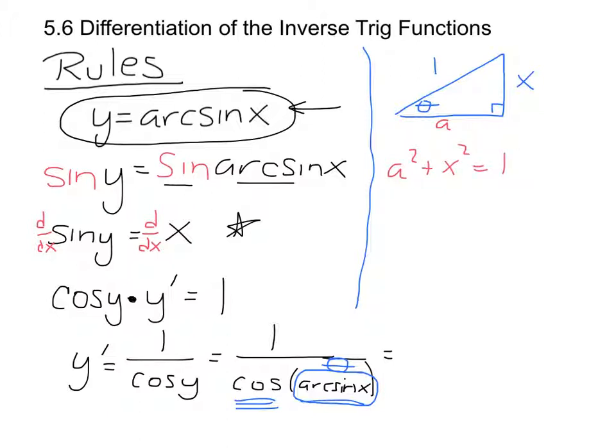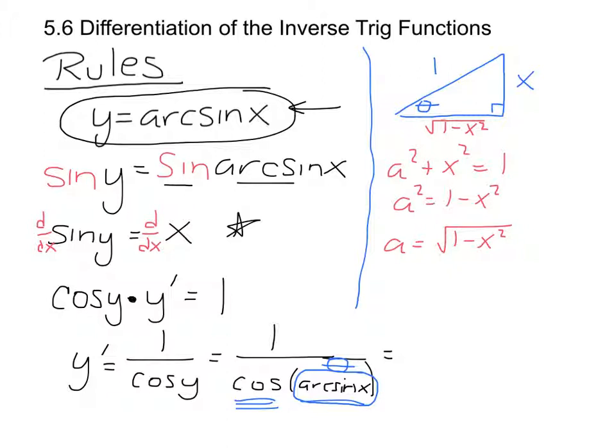I can now solve for a by subtracting the x squared to the other side and then square rooting it. We do have a plus or minus case, but here, since it's representing a length, we'll keep it as the positive root. And so a is the square root of 1 minus x squared. And so I'll put that in my triangle up here.